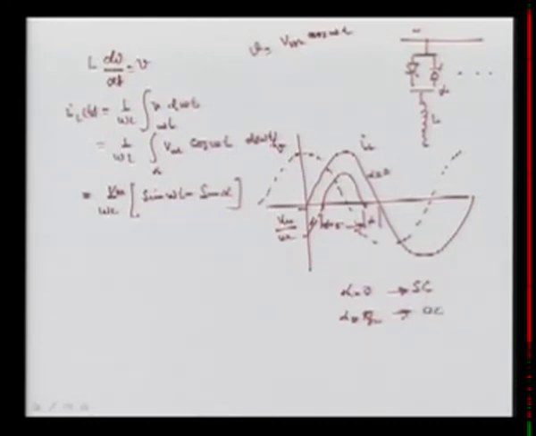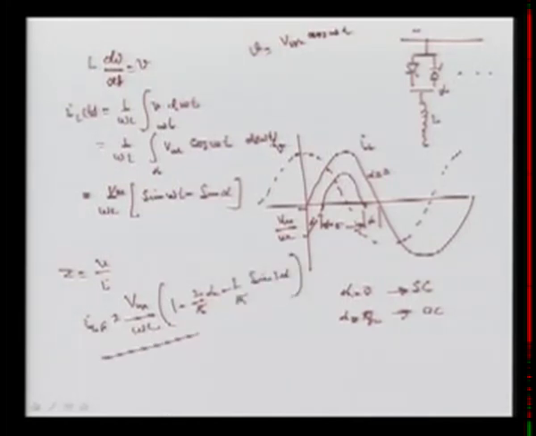So changing the firing angle means changing the impedance, and thus Z is nothing but V upon I, and since V is constant and I is changing with alpha, this ILF will be Vm over omega L times (1 minus 2 over pi times alpha minus 1 over pi sin 2 alpha).